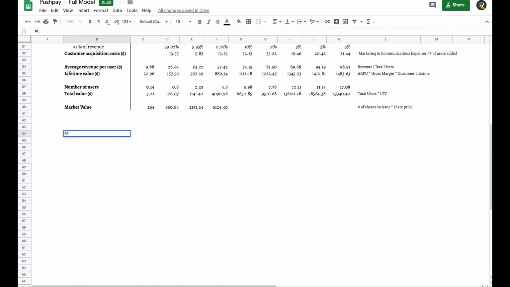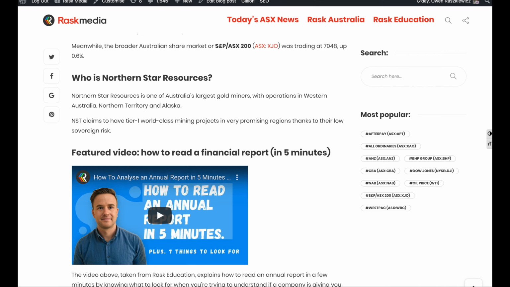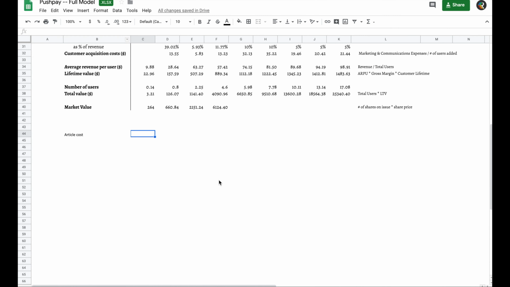Let's say there's an article cost. So the cost for me to get someone to write an article like this might be $50. Let's just use round figures, $50. And let's say for every article that we publish, we get 20 newsletter readers.